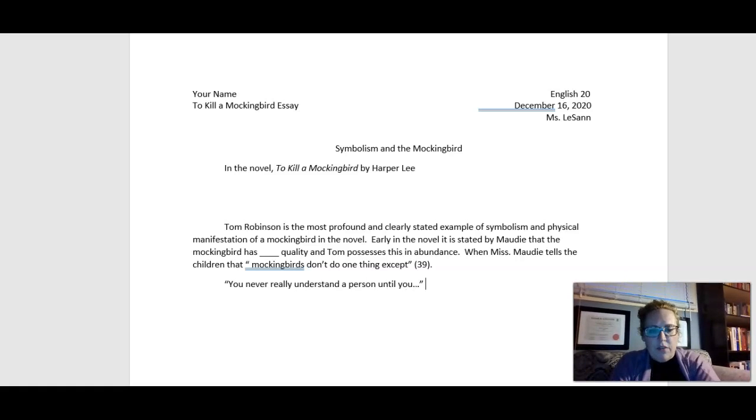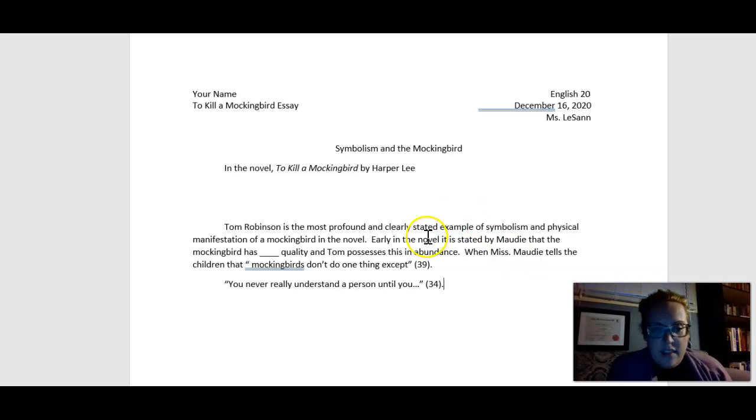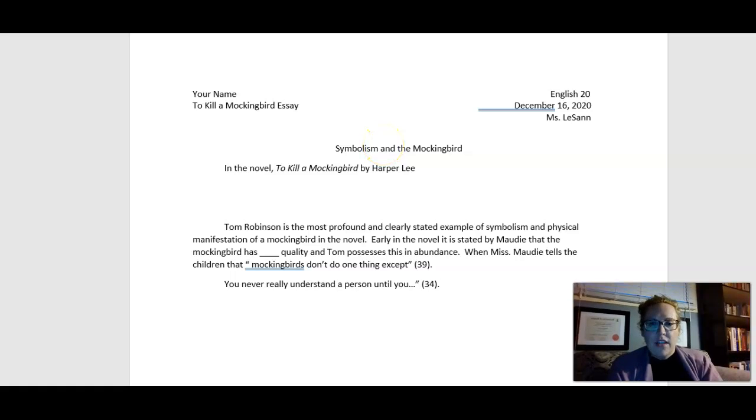Then I would, whatever page that is, page 334 or something like that. I don't know. You can't do this. You need to add something here. You need to have an introduction of some kind, even if it's like Atticus said. That's a really poor introduction, but you could say it.